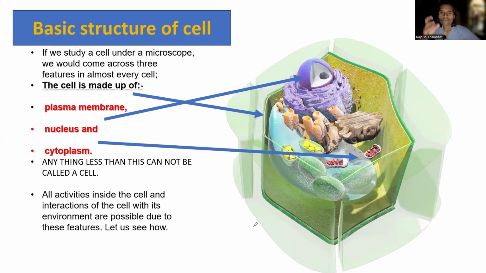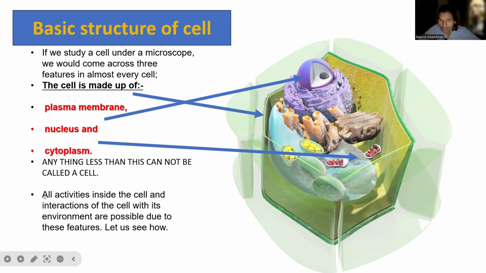Then we have a virus actually, but the virus we do not call a cell, it is not a living thing. But remember that anything less than these three structures is not a cell. So cell means having these three structures, and if they don't have these, then it is not a cell. I am hoping that I am very clear at this moment.